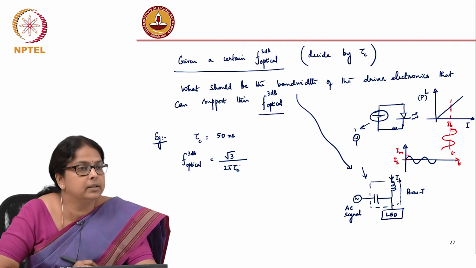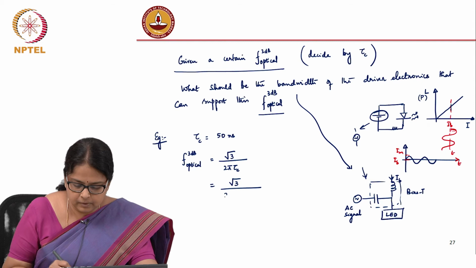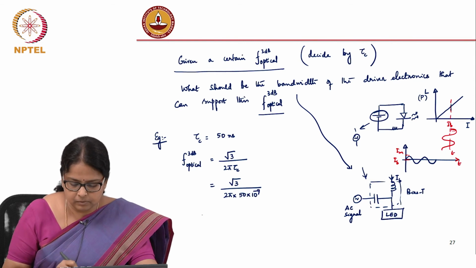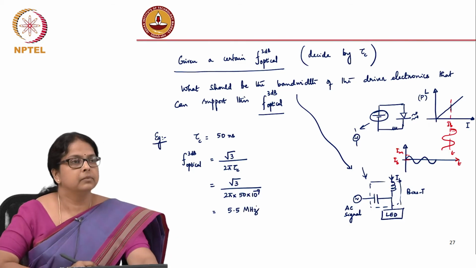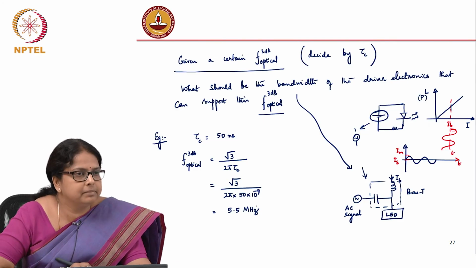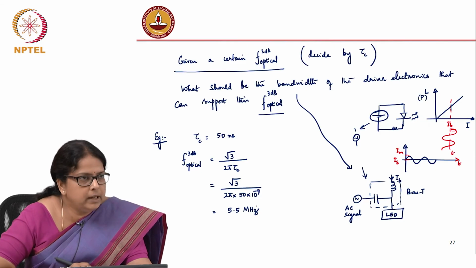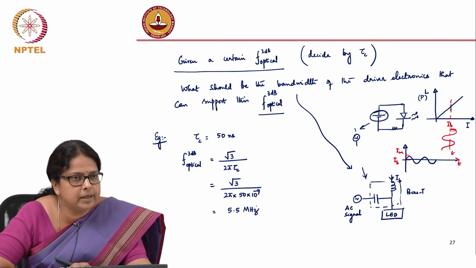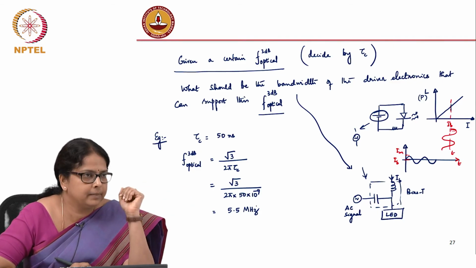Can you calculate what this number is? 5.5 megahertz. So the basic construction of this LED tells us that you can modulate it only as fast as 5.5 megahertz, because the recombination time is 50 nanoseconds.